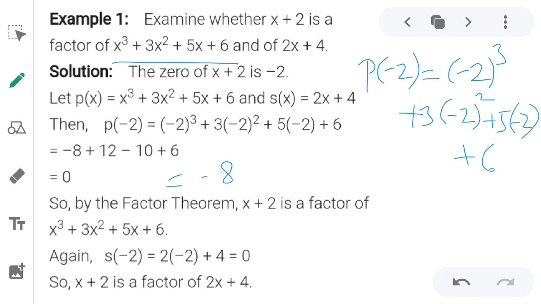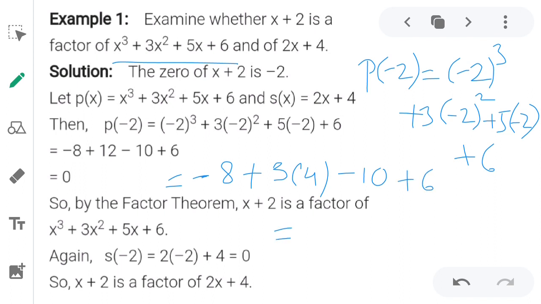Minus 2 cube is minus 8, plus 3 into minus 2 square is 4, plus 5 into minus 2, 5 twos are 10, so minus 10, plus 6.